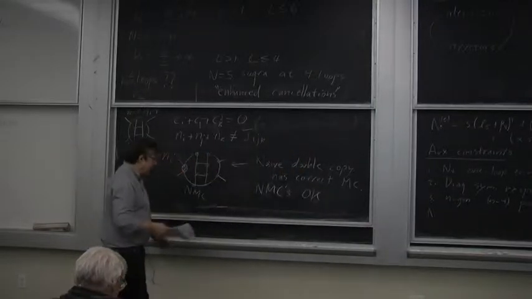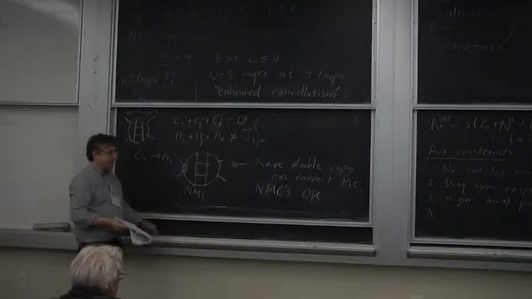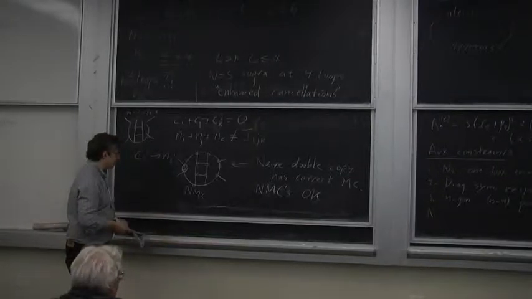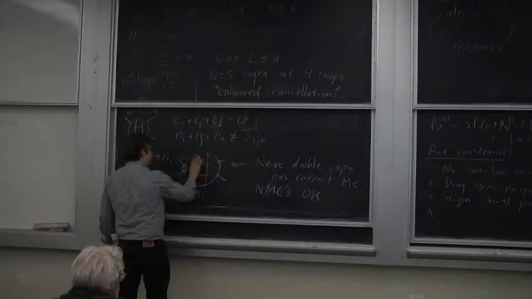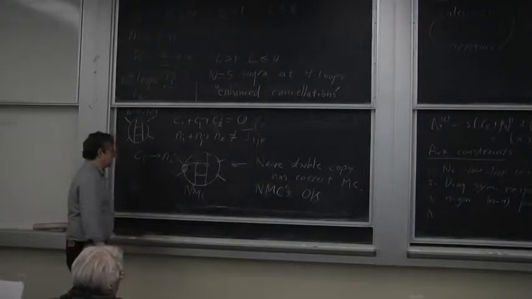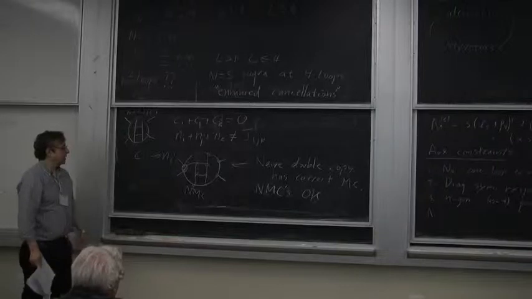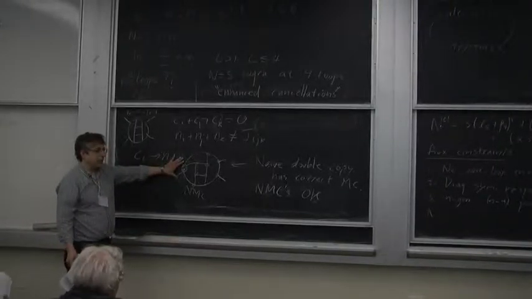Okay? But then, of course, at some point, something's gonna go bad on you. Let's go over to a next square maximal cut. So we'll just kind of lump everything together. So now we're at a next square maximal cut.